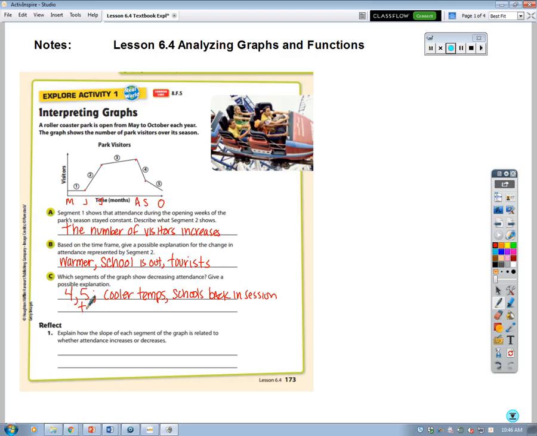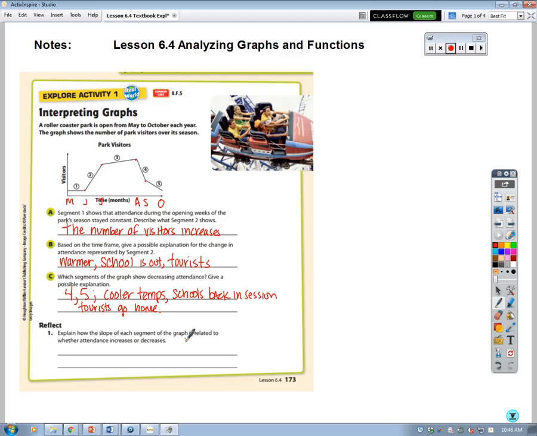Tourists go home. And there are other possible explanations for sure. So what you're doing is predicting, making reasonable guesses as to why that would happen based on the context of the graph. So we're going to go ahead and reflect here.